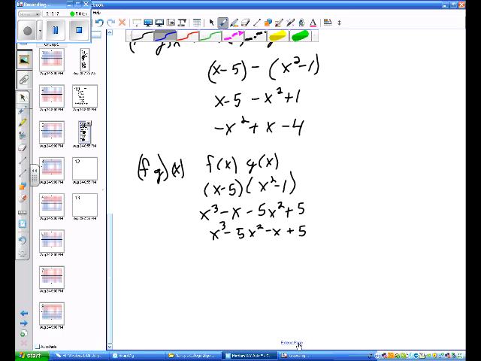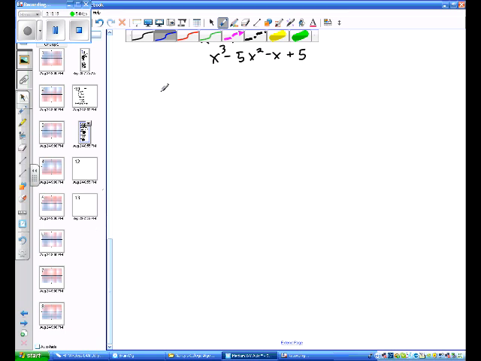Now, if we went to our division, f of x divided by g of x, okay, that would mean that we have x minus 5 divided by x squared minus 1.